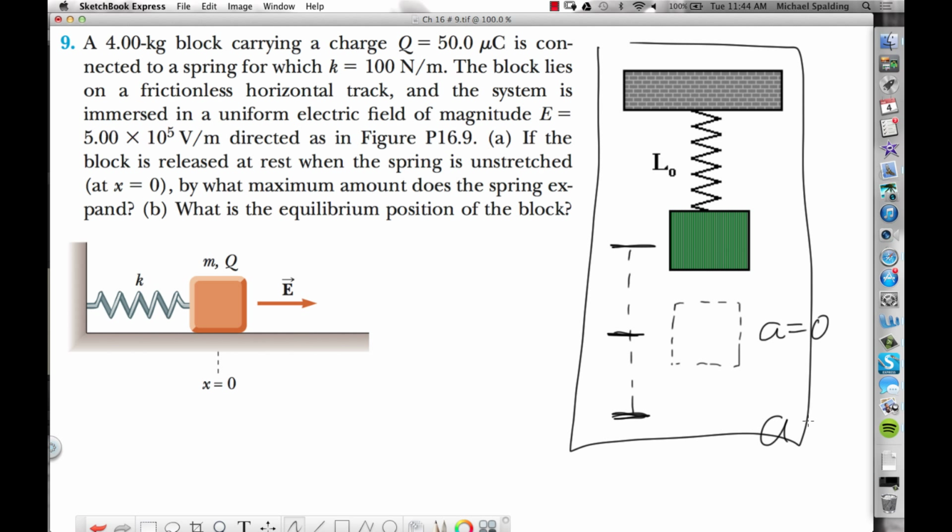What's the acceleration at the top and bottom? It's a maximum. When the mass is at the bottom, there's a down force and an up force. Which is bigger?